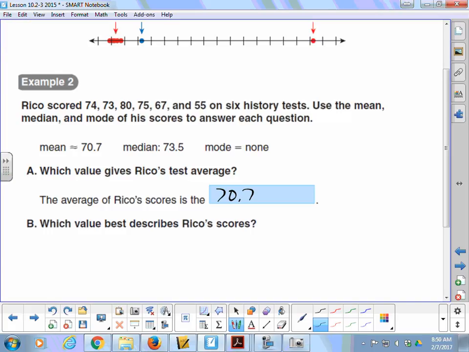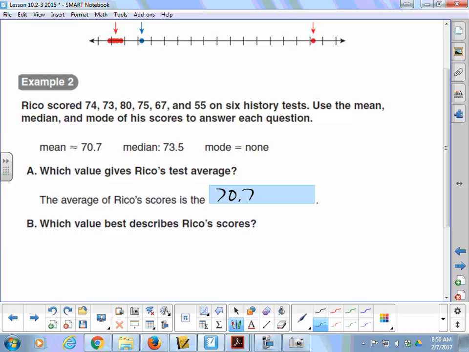But in this case, which value best describes Rico's scores? Well, if I say his average was 70.7, then he's only got 2 scores that are below that. But most of his scores were in the mid-70s and higher.